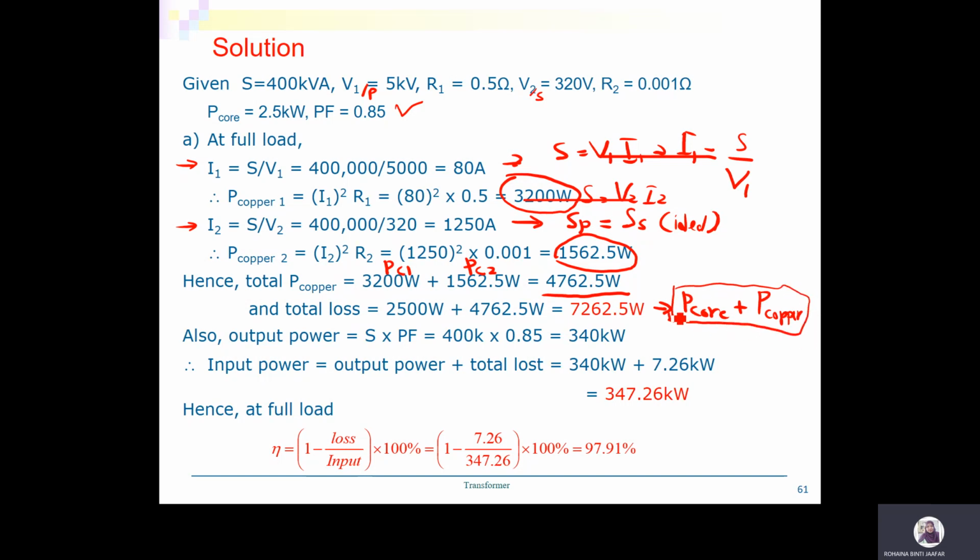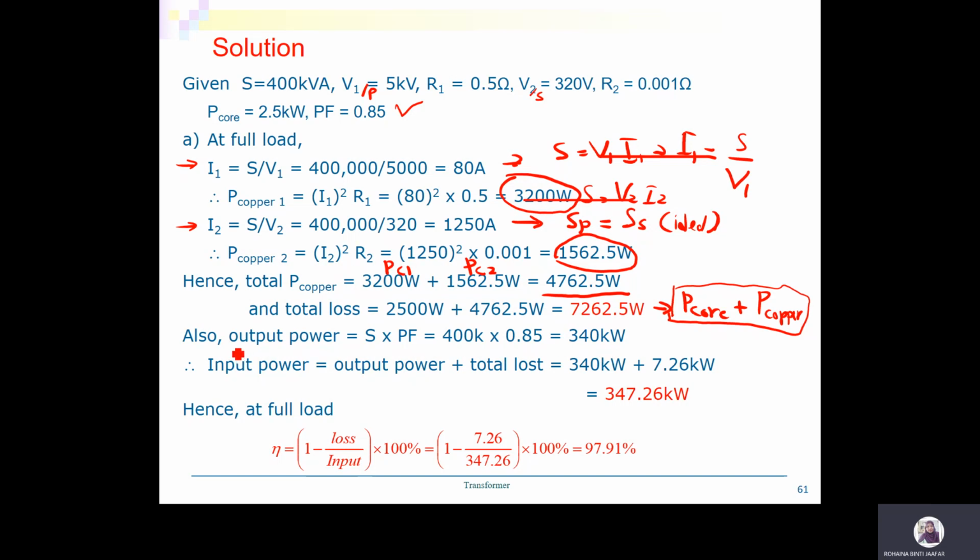Okay, so this is the formula for total losses in a transformer. Total losses in transformer equal core loss plus copper loss. And then output power is equal to S times PF. So S 400 kVA times your power factor 0.85, you will get 340 kilowatt.